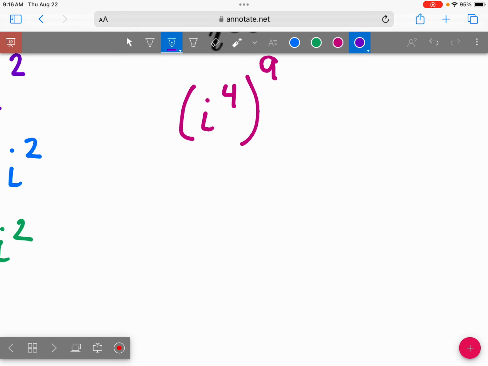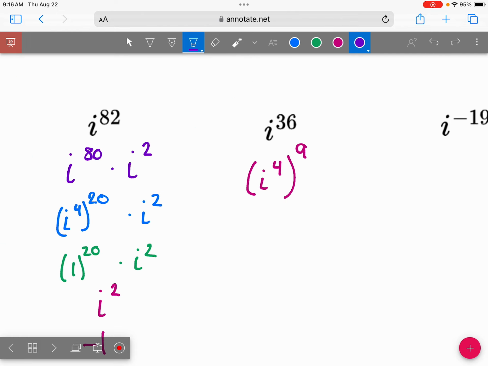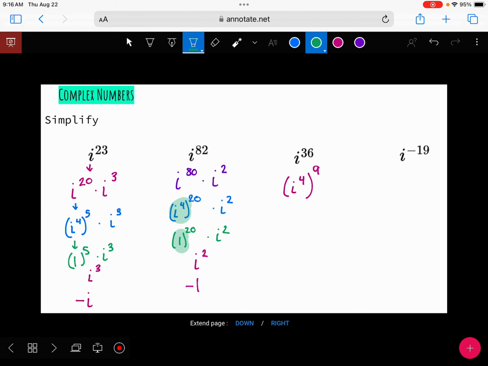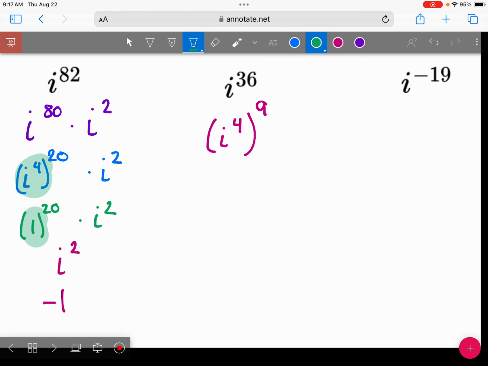The reason we were aiming for I to the 4th, and if you notice on all of these I have an I to the 4th, is because I to the 4th equals 1. So I'm trying to get something that's going to get out of my way. And I know if I get it down to 1, 1 times anything is that thing, and it gets out of my way. You should still wind up at the same answer. You're just going hard mode.